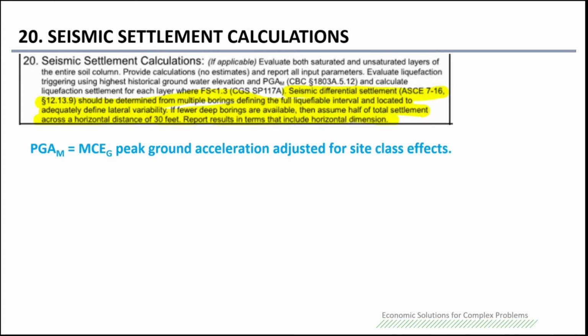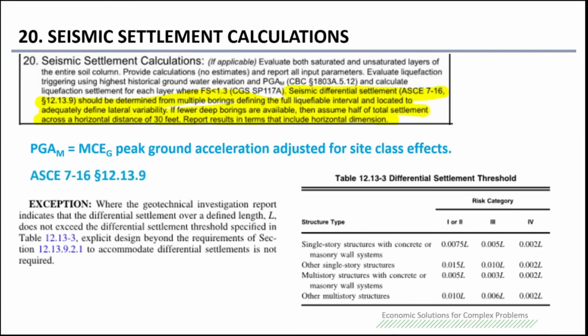So now let's talk about the seismic differential settlement. So that's the code language. Just say, in the geotechnical investigation report, if you indicate the differential settlement over a defined length does not exceed the differential settlement threshold specified in Table 12.13-3, I put that table on the right-hand side.